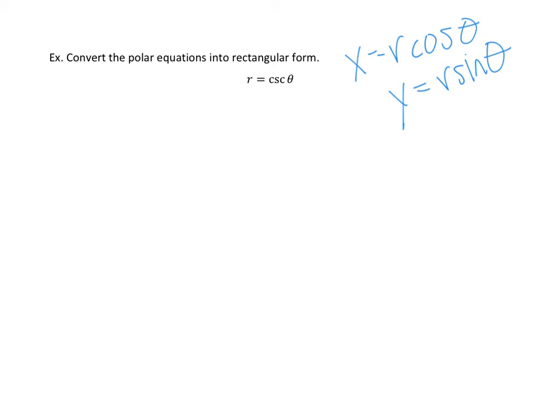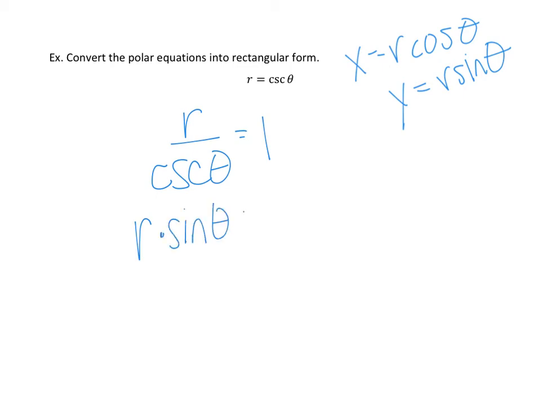So I'm going to divide by cosecant theta. So r over cosecant theta equals 1. This would be the same as r times sine of theta, and then we know that r sine theta is y, so y equals 1.